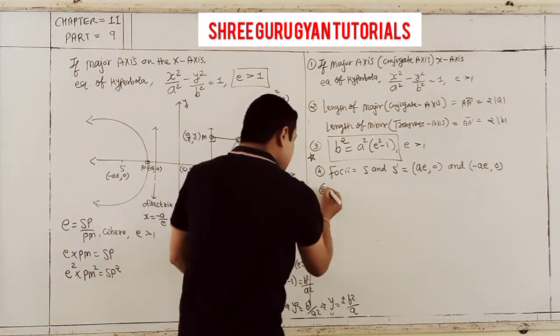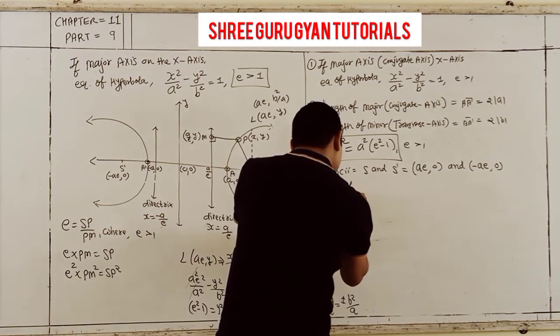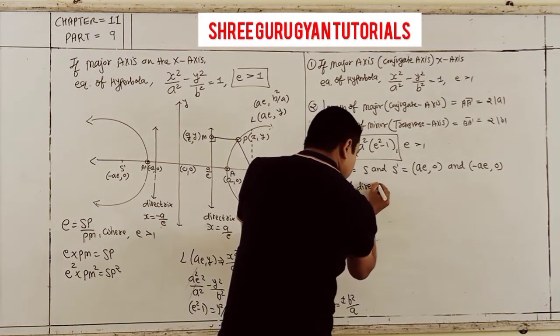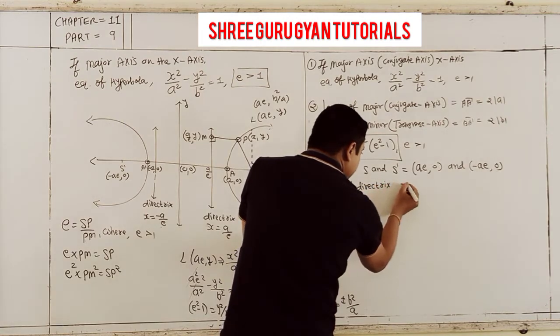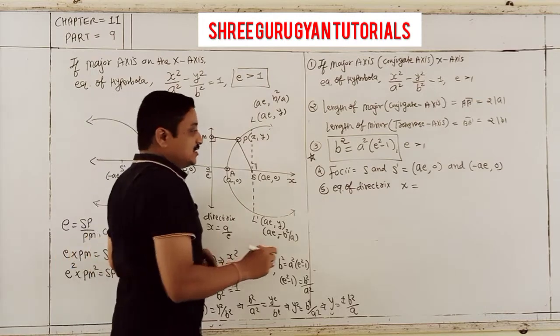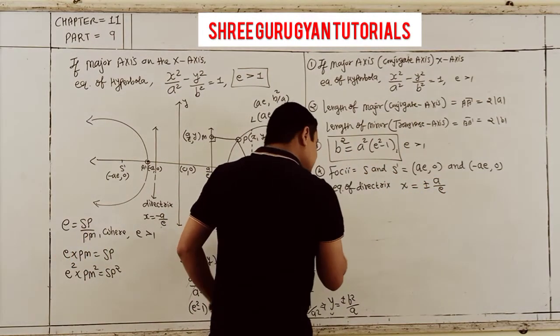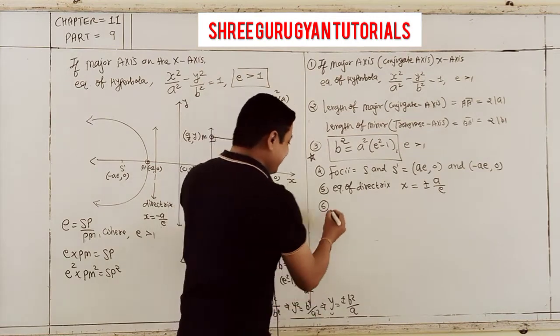Now 5th, equation of directrix. Yes, equation of directrix, both are combined, write down this one and that one. X is equal to plus or minus a by e. Next, point number 6. Now the endpoints of LR.